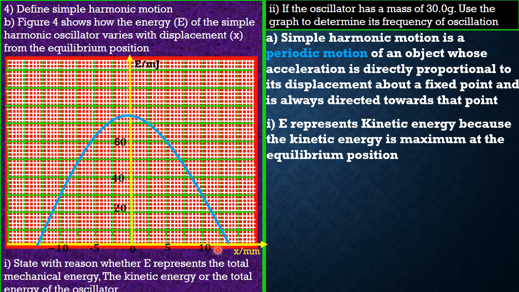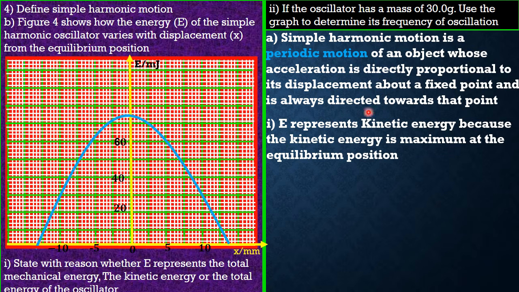That is at the point where our x is 0. So when x is 0, the graph has a maximum value. So this is a graph of kinetic energy. And that's the reason, because it is maximum at the equilibrium position.